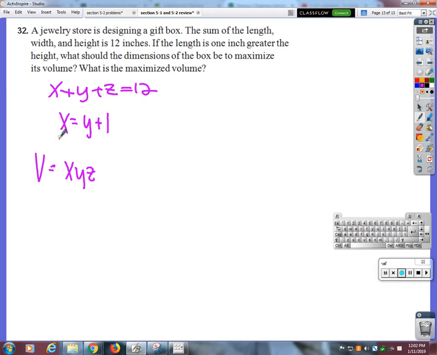Well, the good news is, since I know that x is equal to y plus 1, I can replace this x with a y plus 1, and I can replace this x with a y plus 1. Okay? So now I have eliminated one of the variables. So instead of having an x, a y, and a z, now I only have a y and a z. Does anyone see a way that I can eliminate another one of those variables?